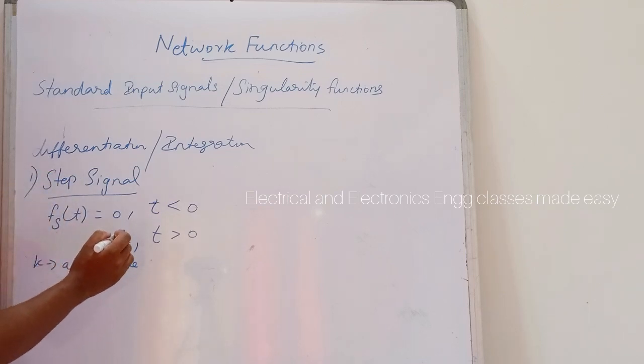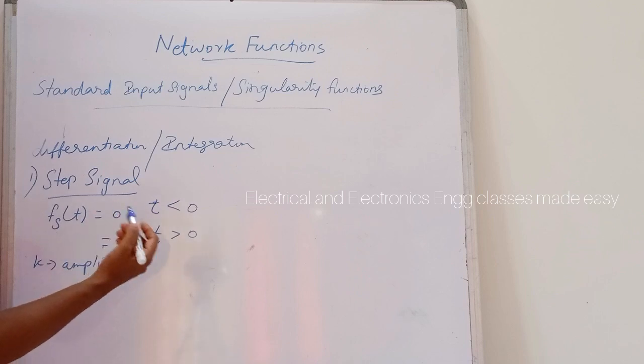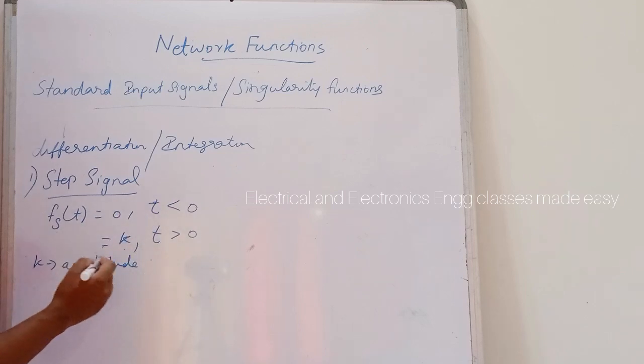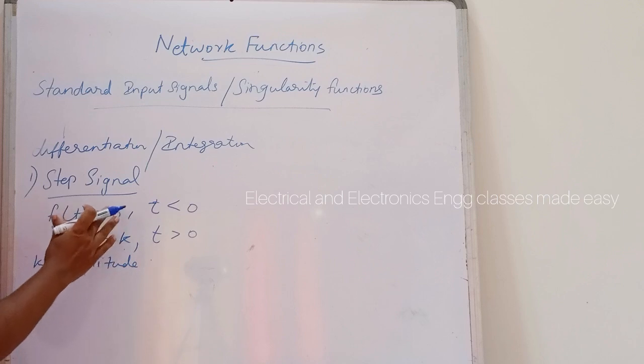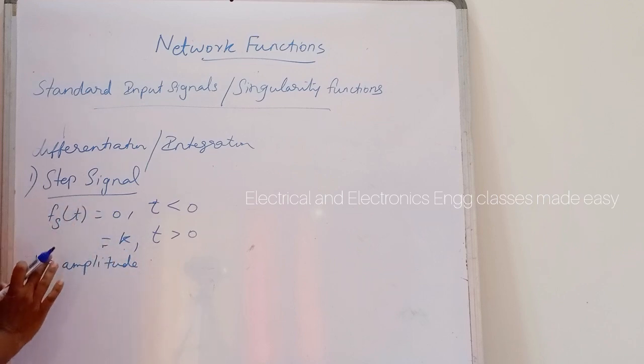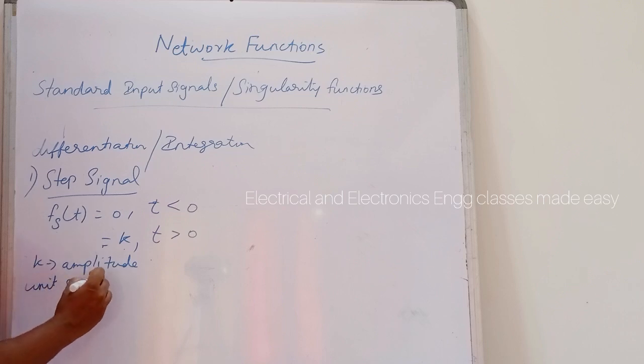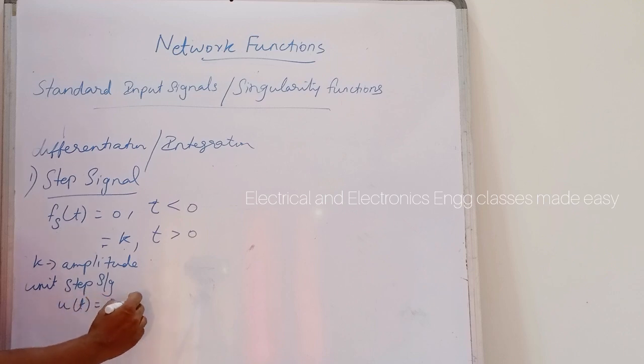If the value of k is equal to 1, then the step signal is called unit step signal. The unit step signal is defined as u of t is equal to 0 for t less than 0 and equal to 1 for t greater than 0.